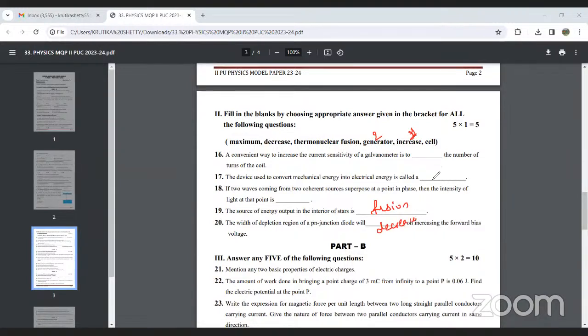We have mechanical energy into electrical energy, it is generator. Only the 18th one remains. If two waves coming from two coherent sources superpose at a point in phase, then the intensity of light at that point is.